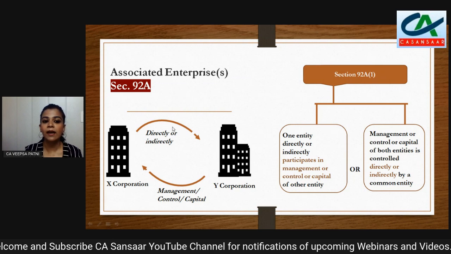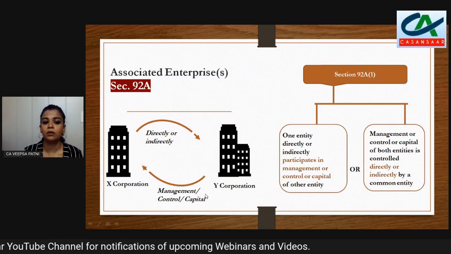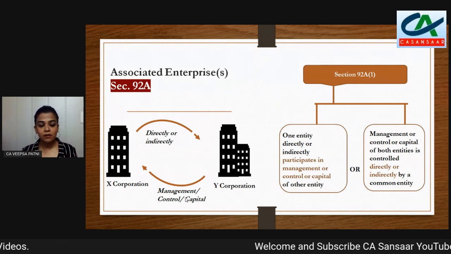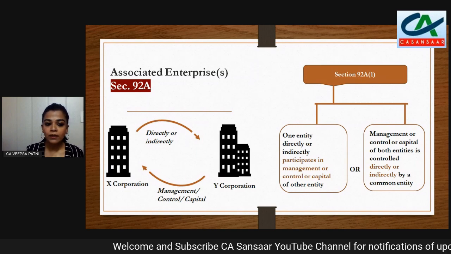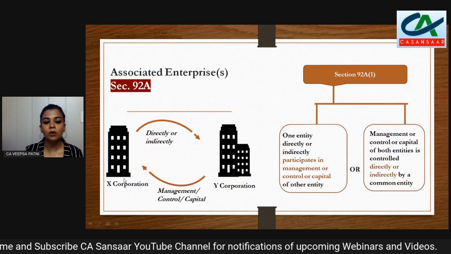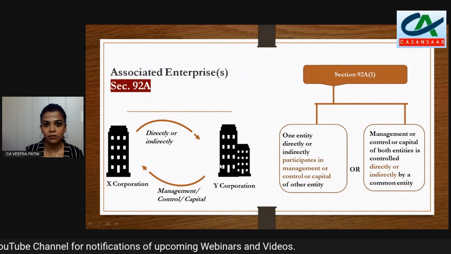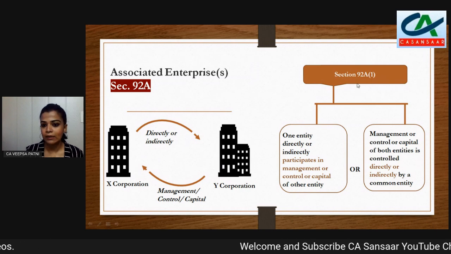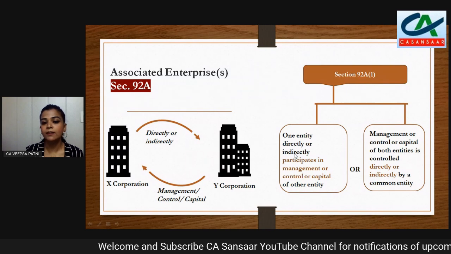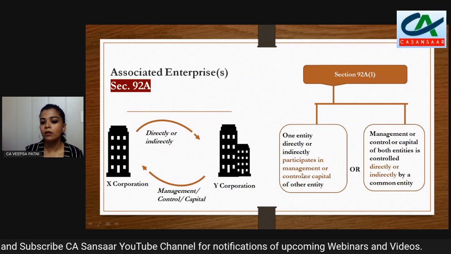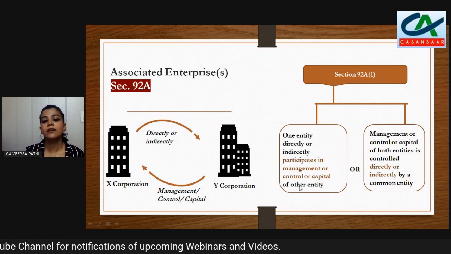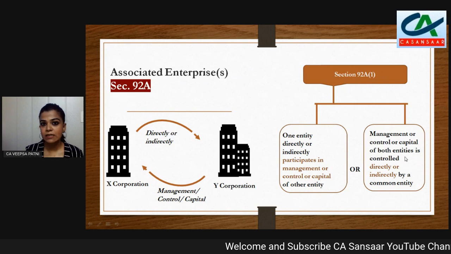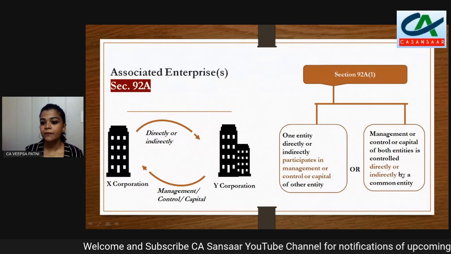But for now, say X corporation directly or indirectly has some control, or has infused capital, or manages, either through management, or through control, or through capital. If X corporation has control over Y corporation, then these two enterprises will be associated enterprises. That is what 92A1 says: if one entity, here X corporation, directly or indirectly participates in the management, control or capital of another entity, here Y corporation, or the management, control or capital of both entities is controlled directly or indirectly by a common entity.